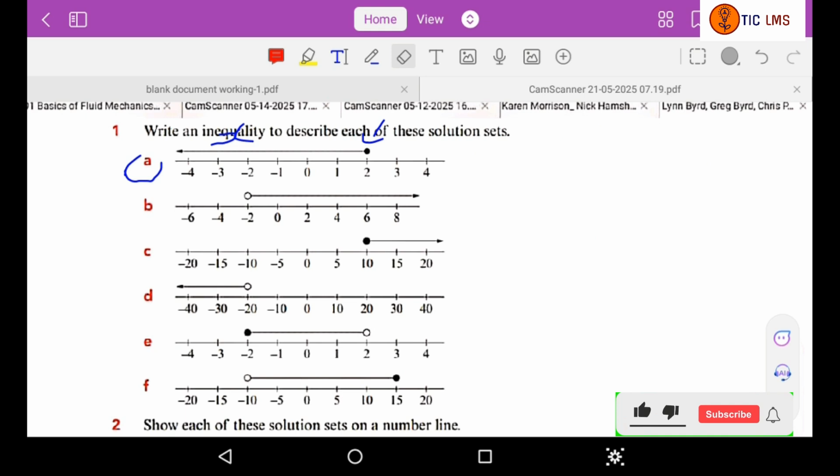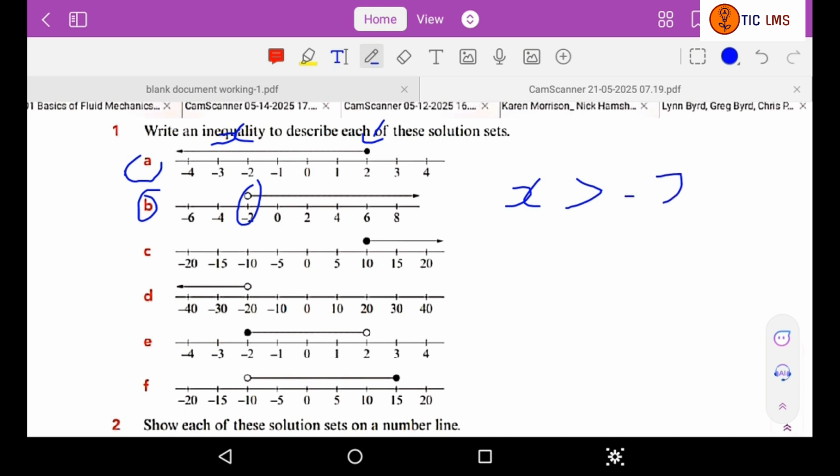Look at 1B. For 1B, we have the circle at -2. Take note that the circle was not shaded, okay? And the arrow is to the right. So meaning that the values on the right, that is x, are greater than -2. Now what are the numbers that are greater than -2?